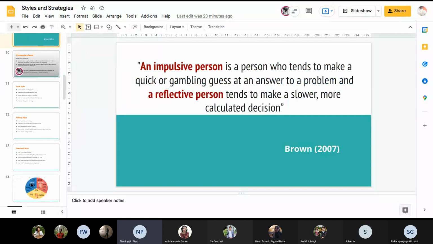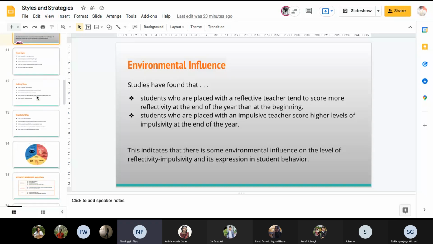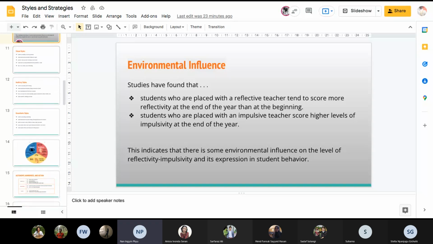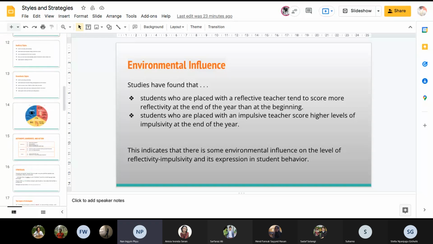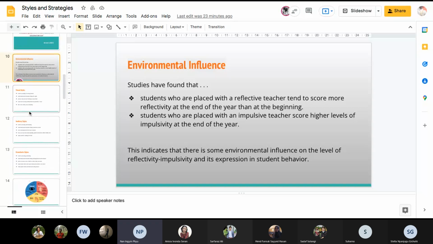Okay, so let's go to the next slide. But this style has a really strong environmental influence. For example, even though students are still not sure whether they are reflective or impulsive, if they are placed with a reflective teacher, then in the test they will score more reflectivity at the end of the year.